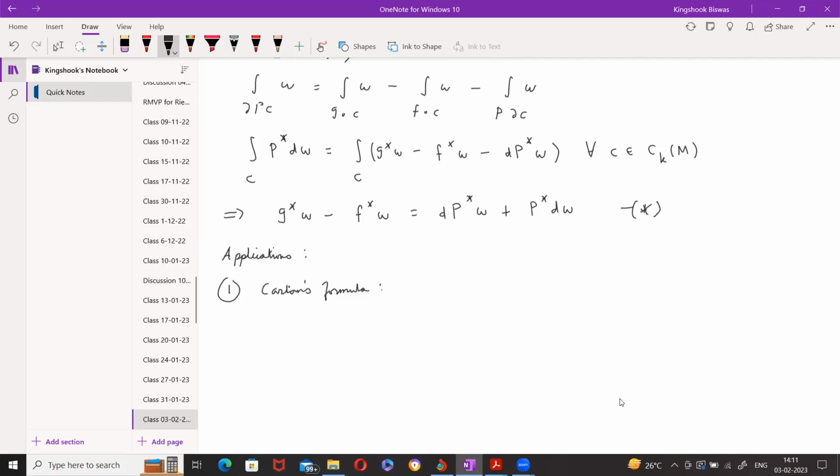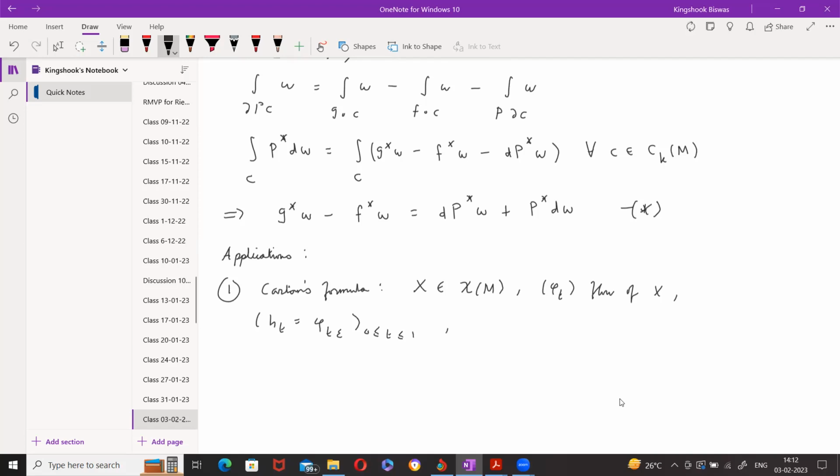That if I take my homotopy to come from a vector field, the flow of a vector field, say X is a vector field on M with phi_t its flow, and my homotopy H_t is equal to phi_{t epsilon}, for t between 0 and 1.